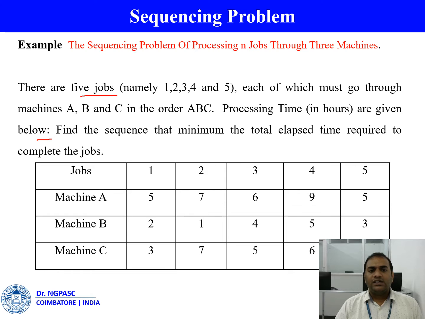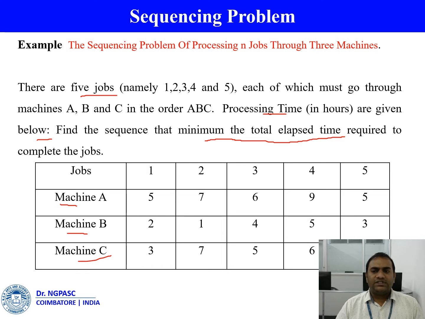Find the sequence that minimizes the total elapsed time required to complete all jobs. In this problem, there are 5 jobs and 3 machines with processing times given.